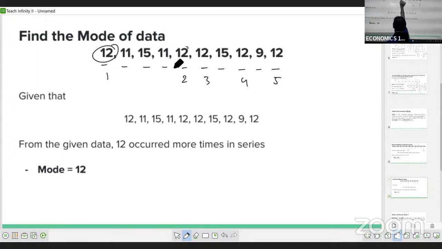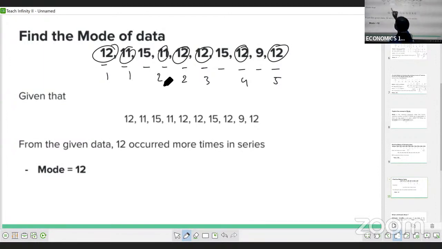Five times. 11 is repeated only two times, but 12 is repeated five times. So what will be the mode for this given data? It is 12, because 12 is repeating more times. The mode is 12.